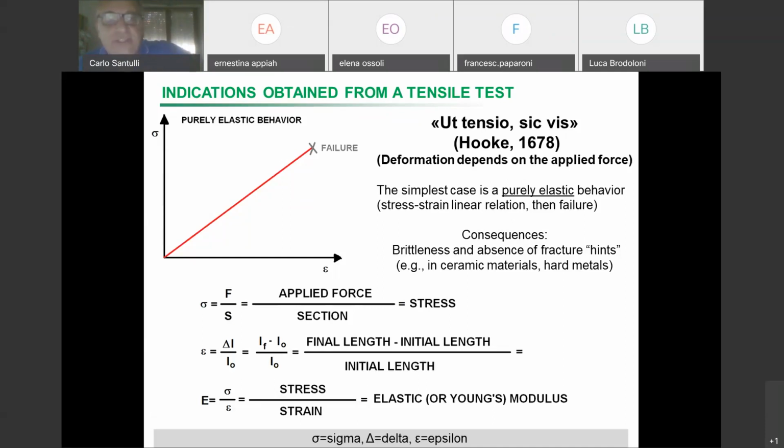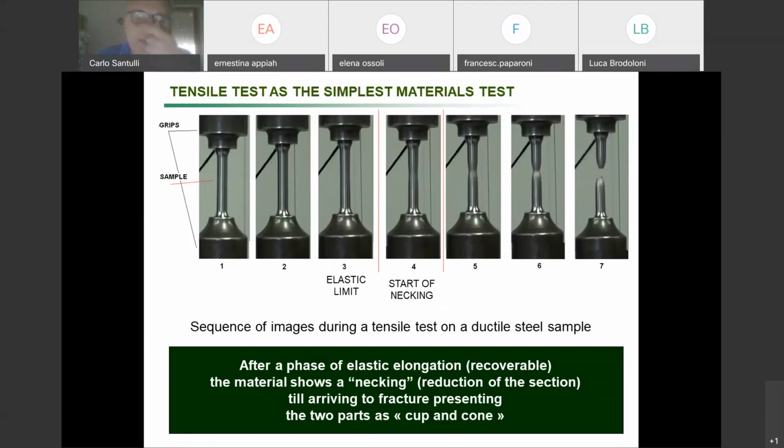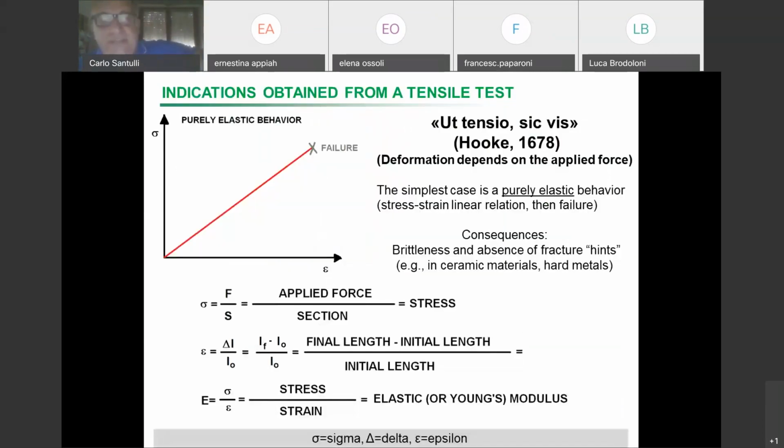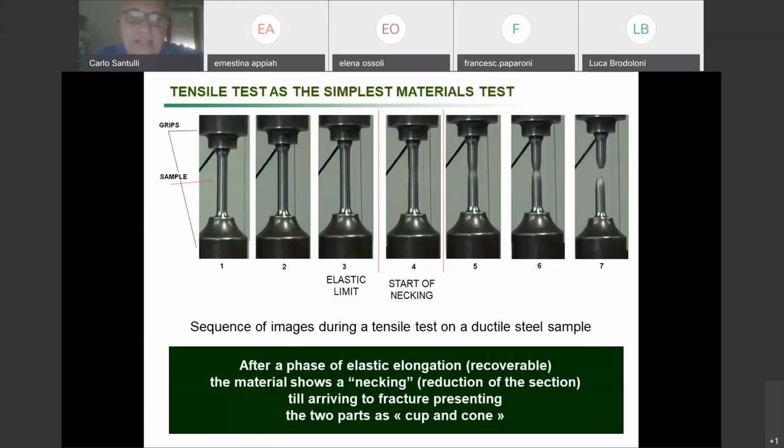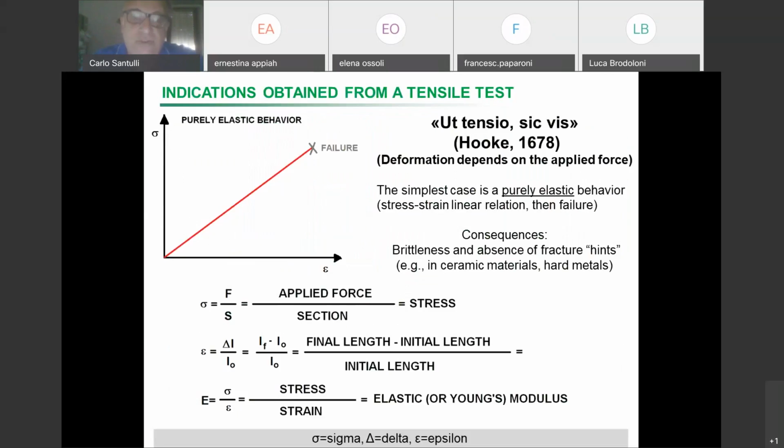What you saw last time, in the previous slide, wasn't a material like the one I'm showing here, because if the material was like that, it would have broken at 0.3. And it would have been brittle, because it would have broken suddenly.